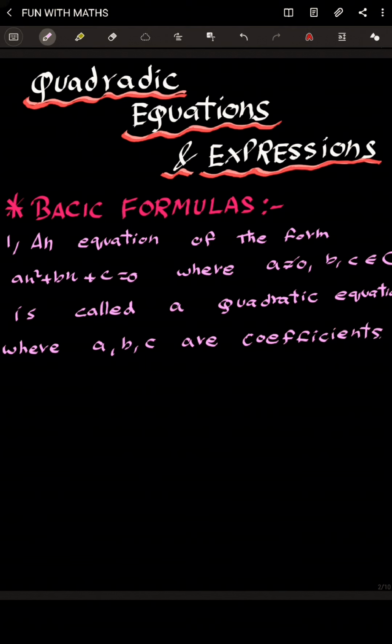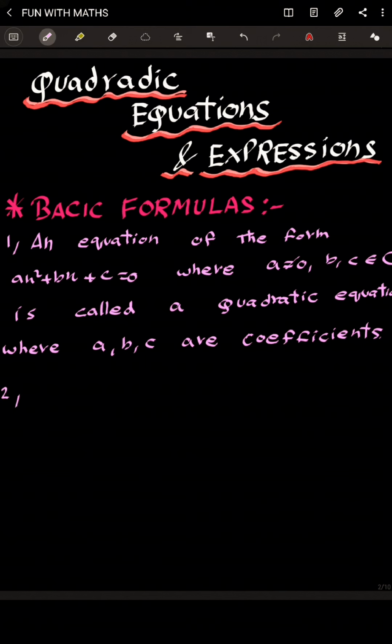So, an equation of the form ax square plus bx plus c equal to 0, where a is not equal to 0, b, c belongs to C is called a quadratic equation, and a, b, c are coefficients of the given equation, that is ax square plus bx plus c.